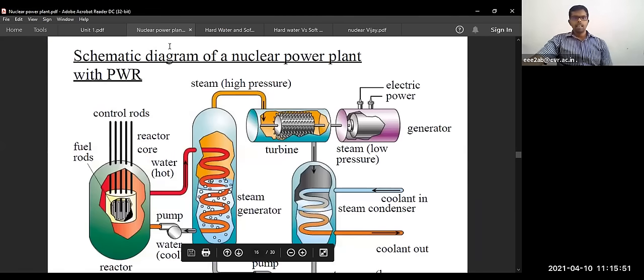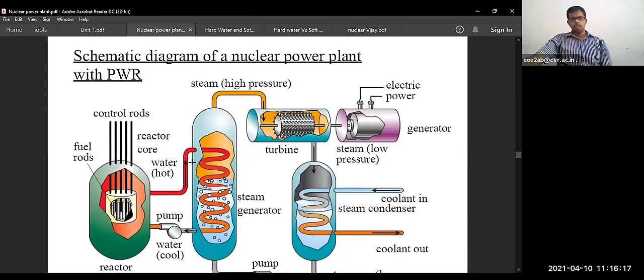So this is the schematic diagram of the nuclear power plant with pressurized water reactor. As I said, these are the control rods. Next, these small lines are the fuel rods. It is the same procedure. Here also we are doing the same.